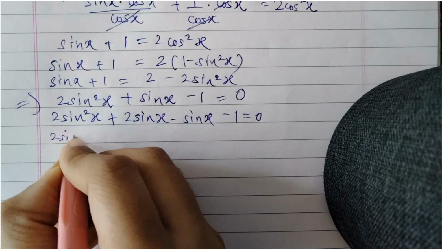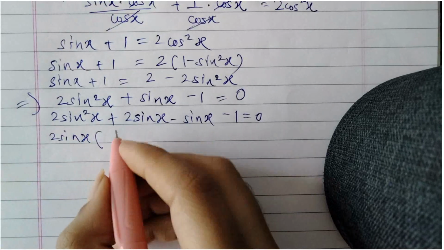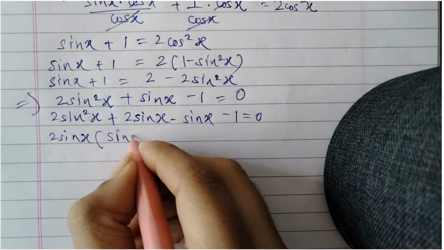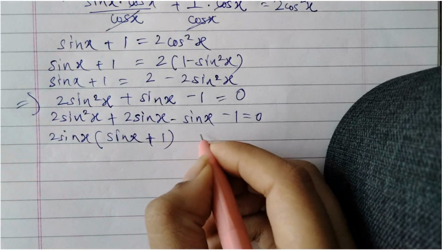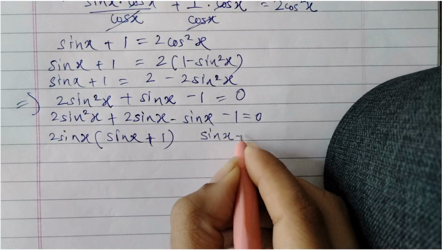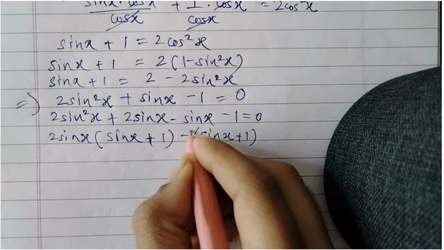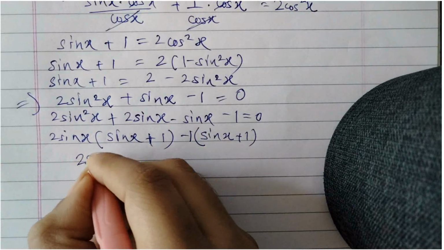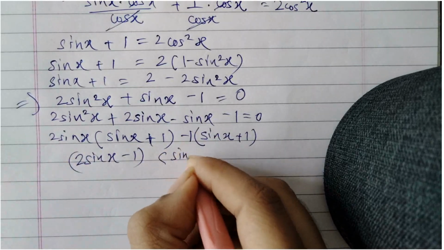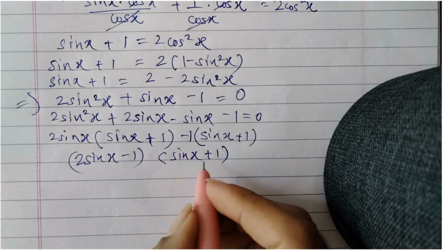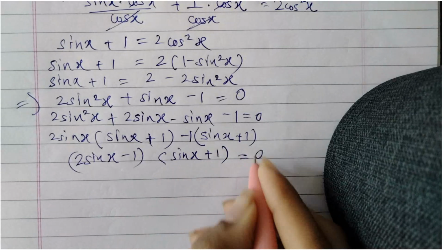Let us take 2 sin x common, so here you will get sin x plus 1, and here we can take minus 1 common. So finally the two factors are 2 sin x minus 1 into sin x plus 1 equal to 0.